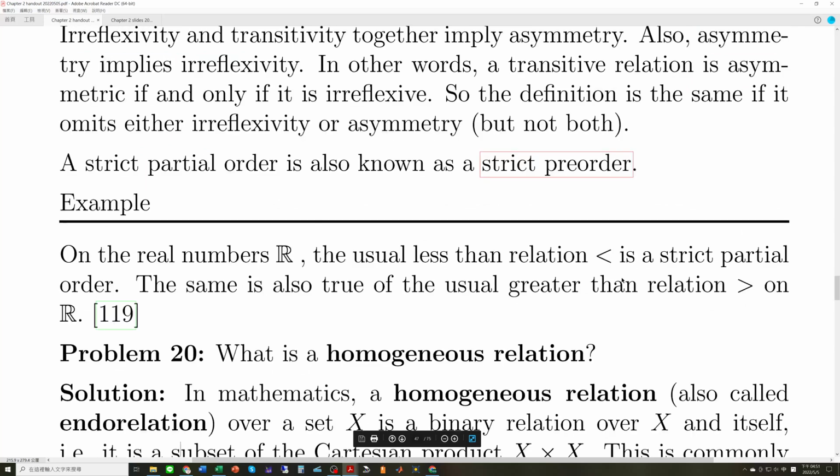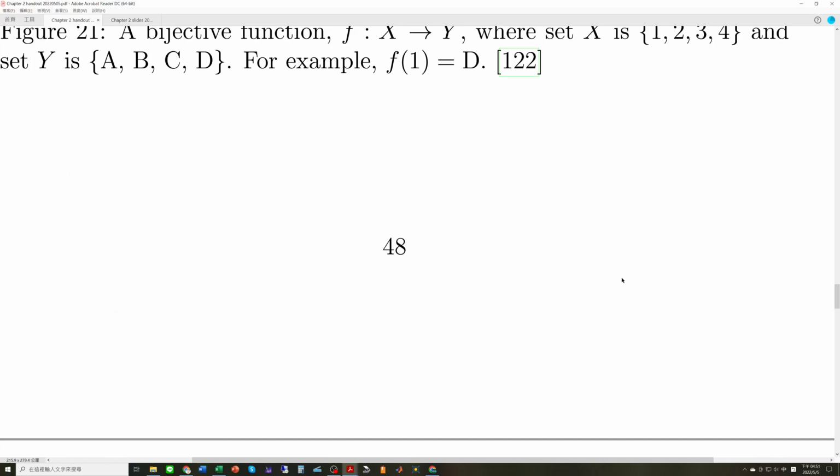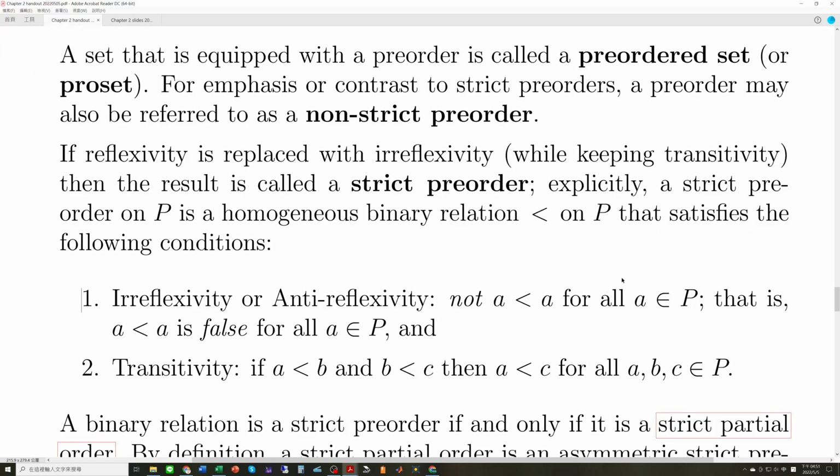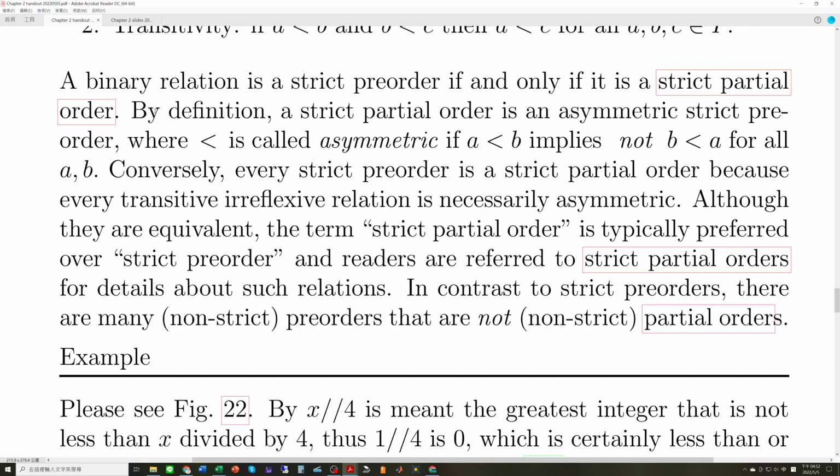Okay. So let us go back to the previous page. Okay, here, by definition, a strict partial order is an asymmetric strict preorder, where smaller than is called asymmetric if A smaller than B implies not B smaller than A for all A, B. Okay.